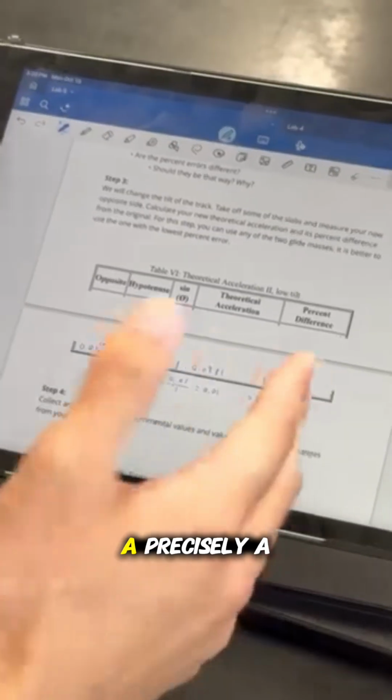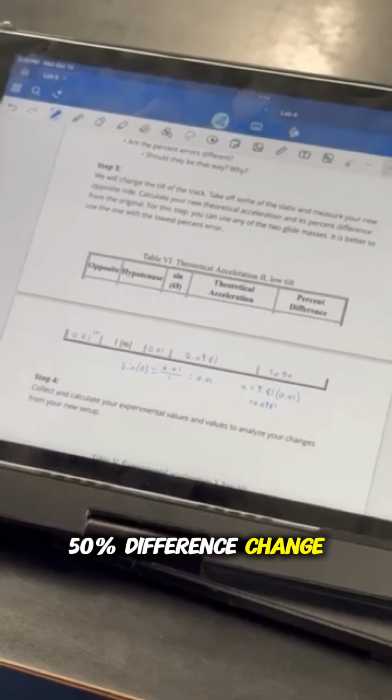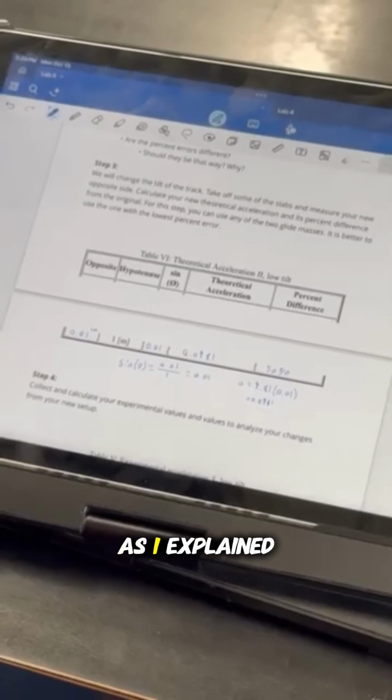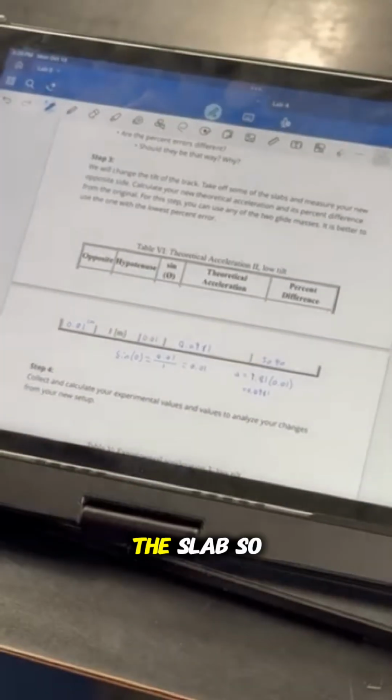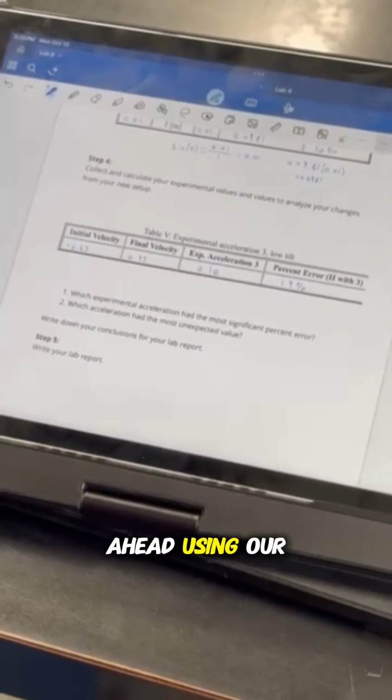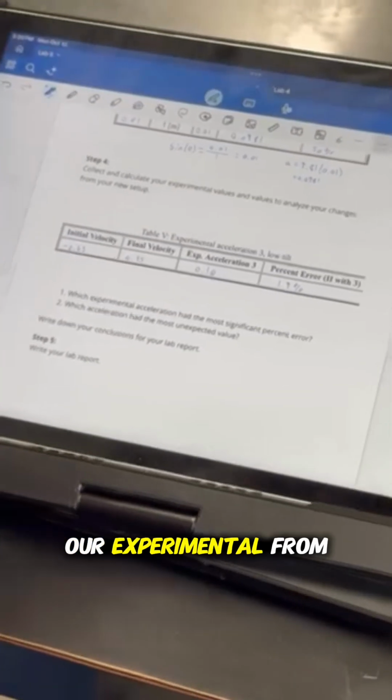We got precisely a 50% change because, as I explained before, we swapped literally half the slab, so it makes sense there.